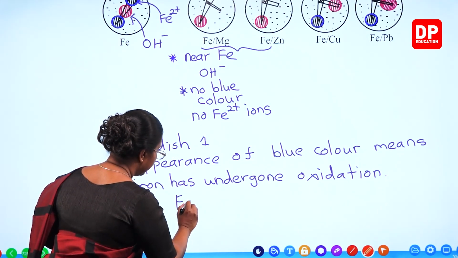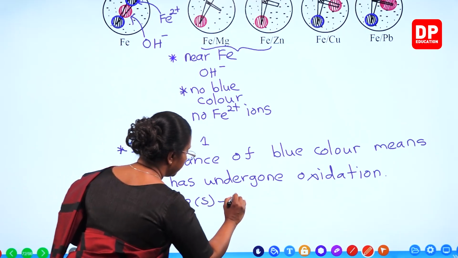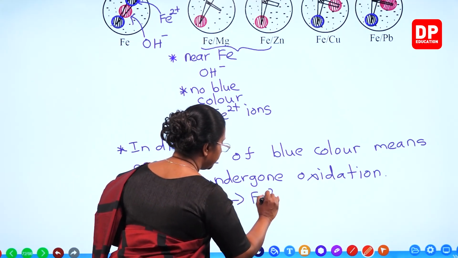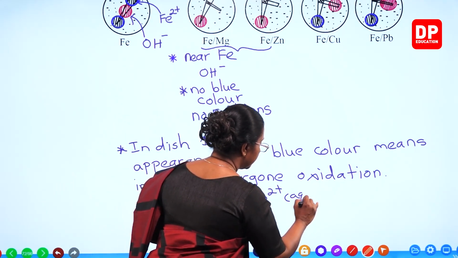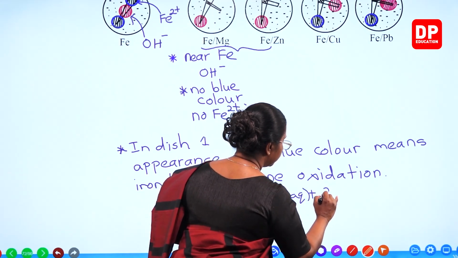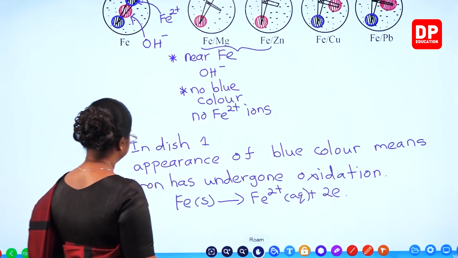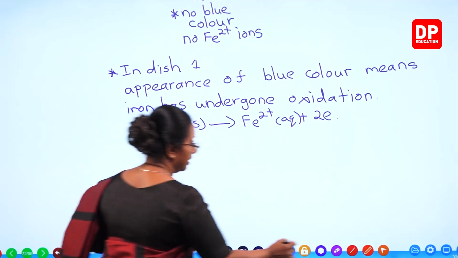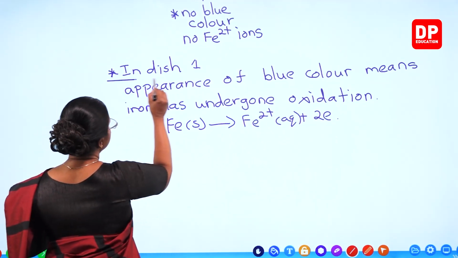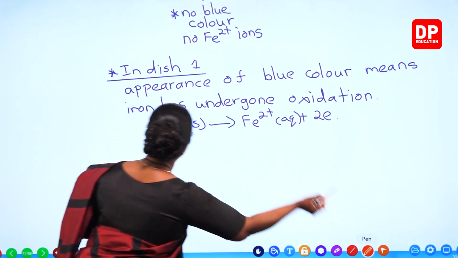That is, Fe solid becomes Fe2+ aqueous, losing 2 electrons. That is in the first dish.